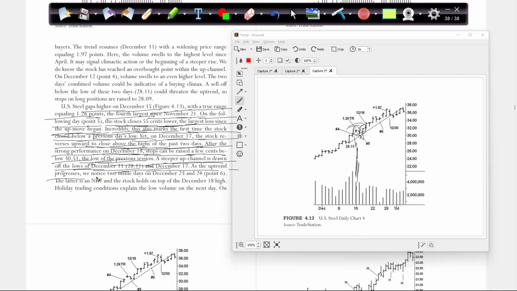As the uptrend progresses, we notice two inside days, on December 23rd and 24th. The latter is a narrow range 7 and the stock holds on top of the December 18th high. Holiday trading conditions explain the low volume on the next day.